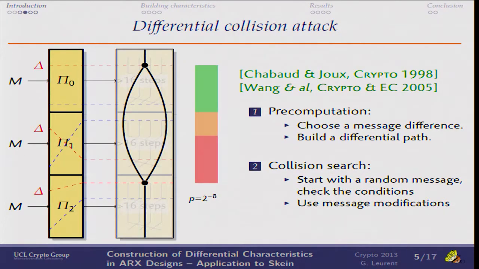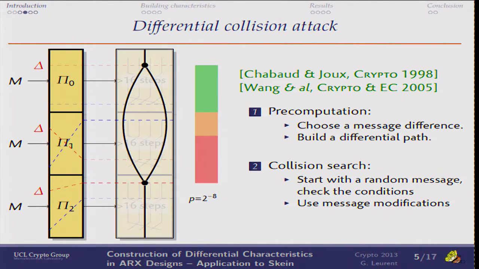So how do those attacks work? Well, the main idea is differential cryptanalysis. You take a pair of inputs, you fix some difference, and you look at the difference inside the state of the function during the computation. We're going to start with a zero difference in the state, and at some point, you will get a difference coming from the message, and then you have to track the difference inside the state, and at each step, you try to get a given difference.